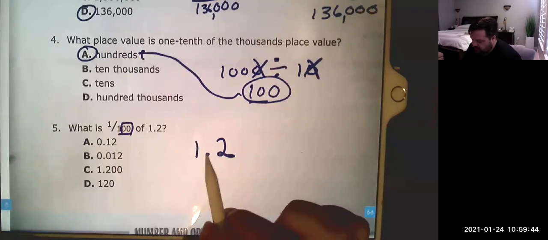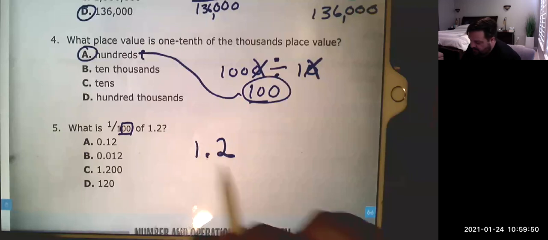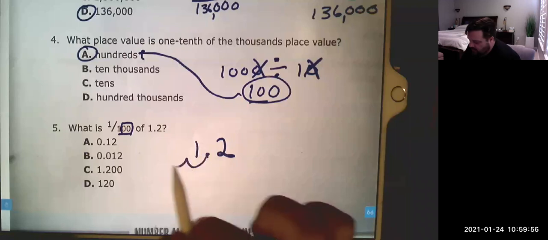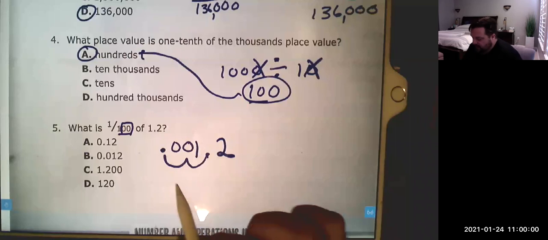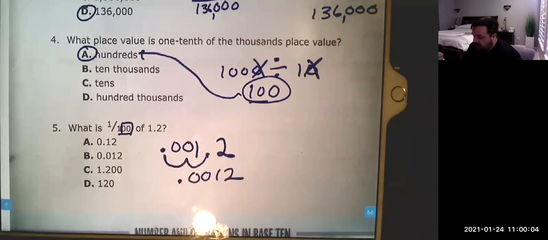So you're just going to move your decimal point to make the number smaller because it's one whole now, right? If you go this way, it's going to turn into 1,200 as the whole. But if you go 1, 2 this way, and now you have 0.0012, you will get your answer.